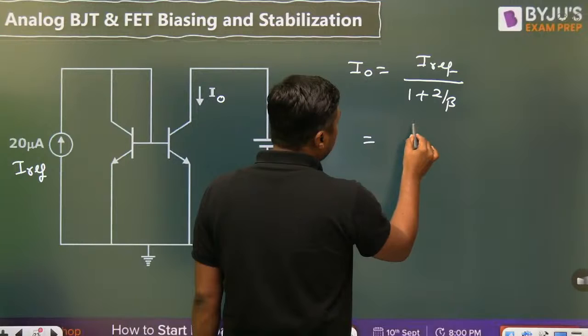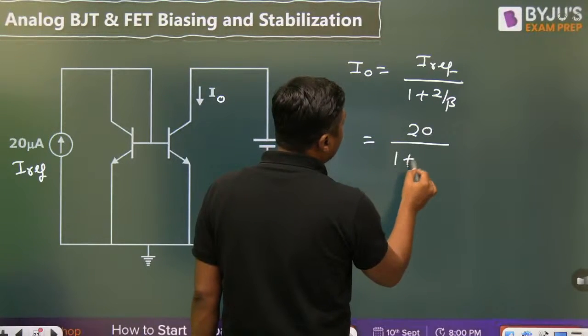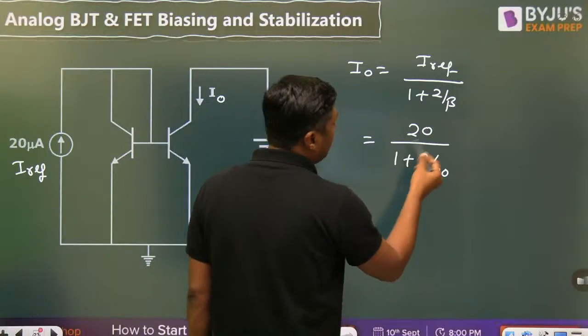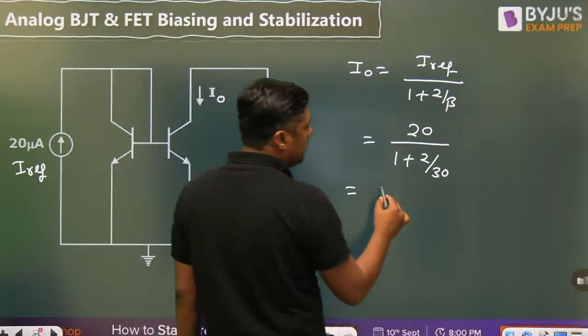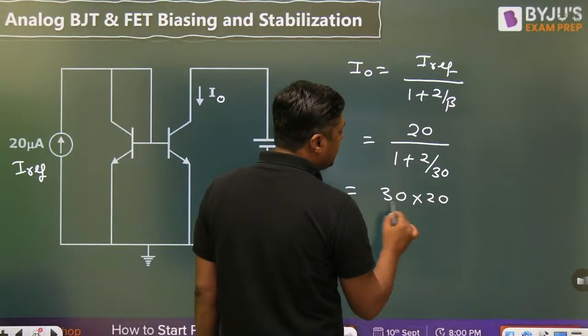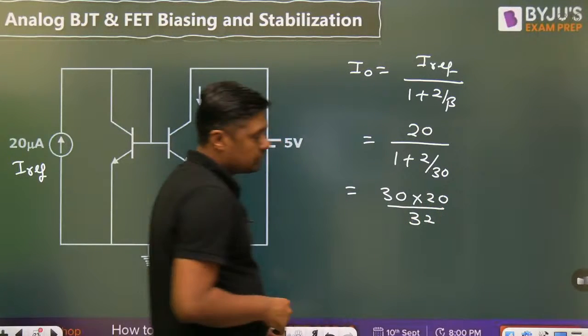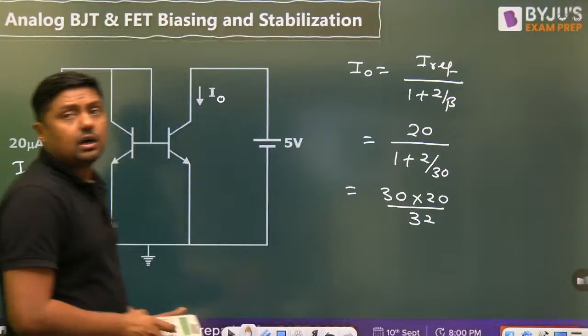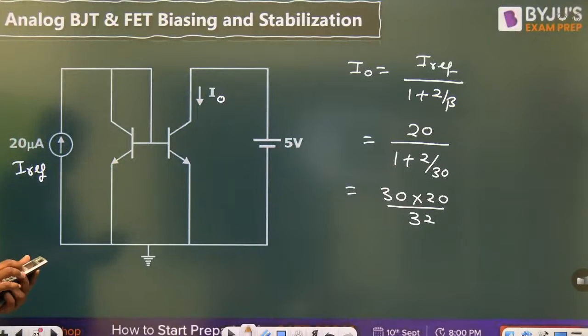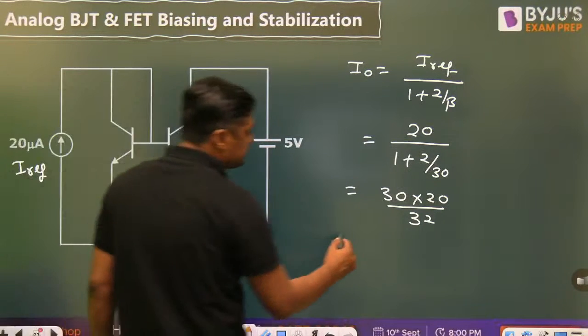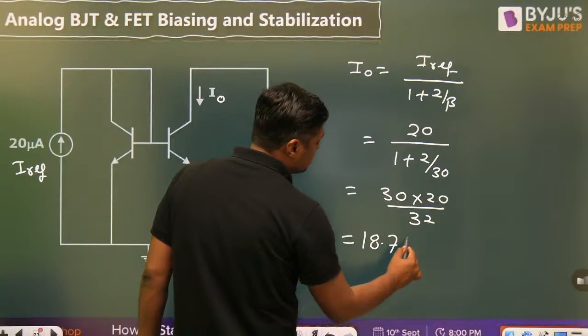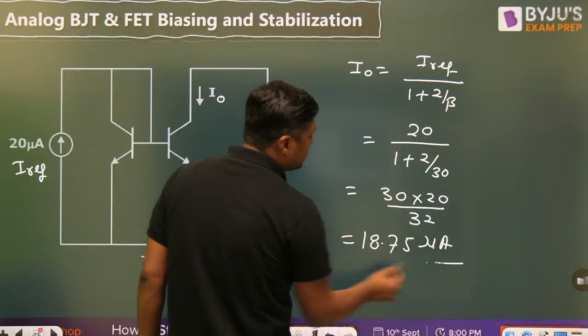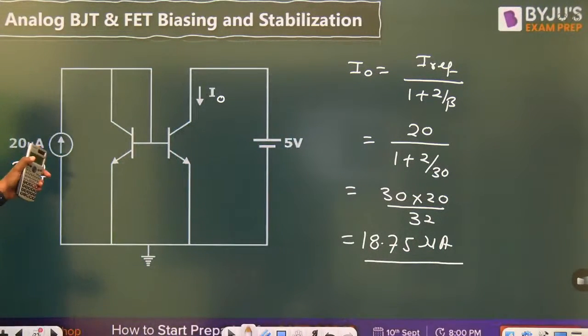So 20 microampere upon 1 plus 2 by 30. Everyone solve this. It will become 30 into 20 divided by 32, which is 600 divided by 32, that is 18.75 microampere. It is not exactly equal to 20 microampere; it is less than 20 microampere.